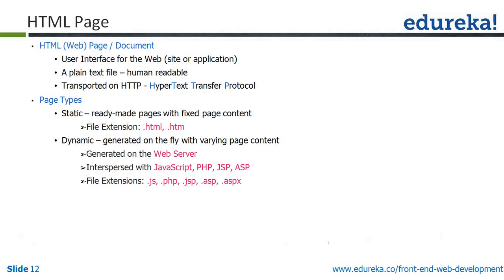Your HTML page could be of two types. Let's say if your web page content is not changing, that's called a static web page. Static web pages are ready-made web pages, meaning once you create it, every user will be served with the same page. Generally these pages will have the extension .html or .htm.